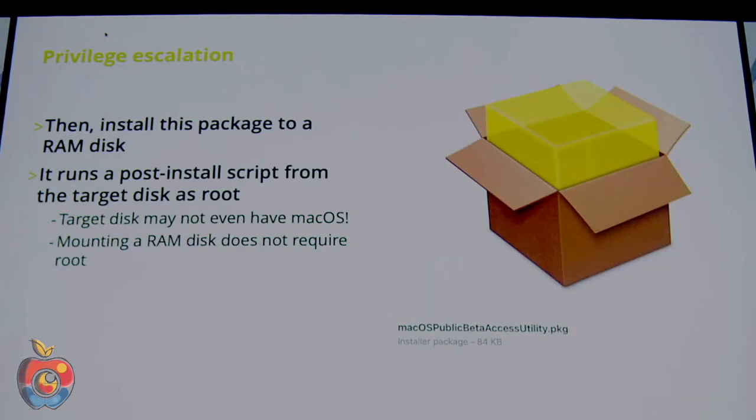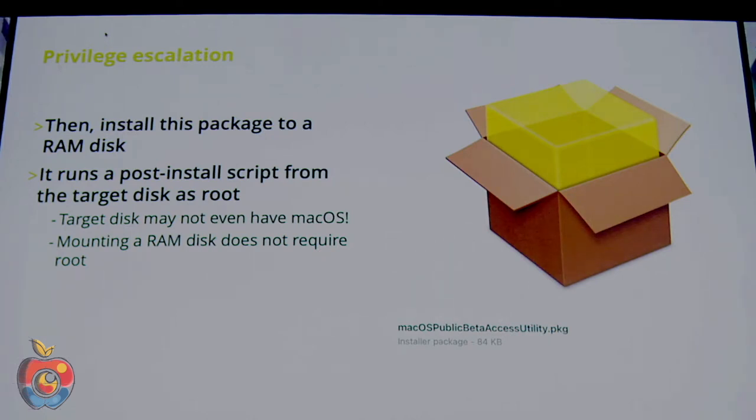So then from the write-up of Ilias, there's also this macOS public beta access utility package. This is basically, if you want to enroll into the macOS beta, you need to install this package. And what this package does is that in its post-install script, it runs a command from the disk you install it to.